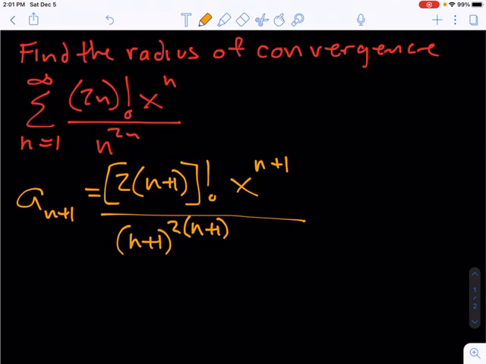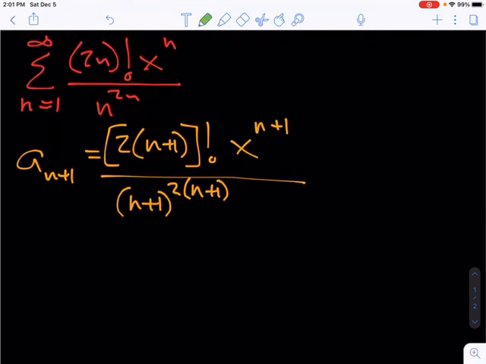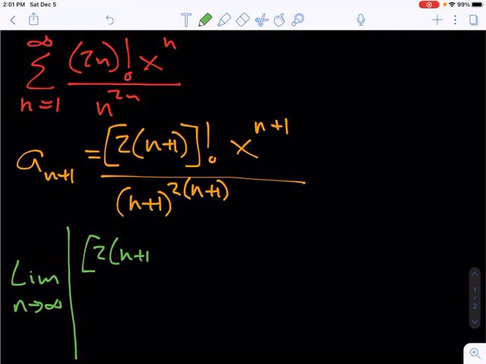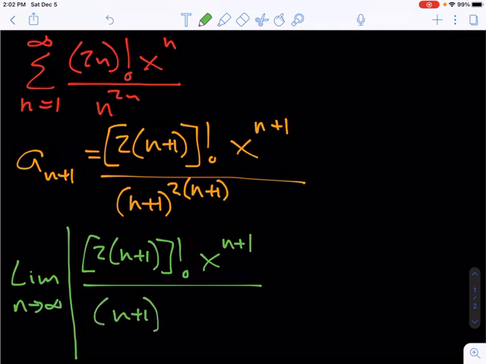Well, the next step then is to take the limit. So we want to find the limit as n approaches infinity of the absolute value, and now I just have to rewrite all of this, 2 times n plus 1 factorial times x to the n plus 1 all over n plus 1 raised to the 2 times n plus 1.